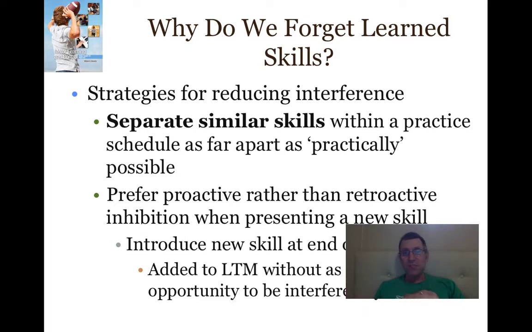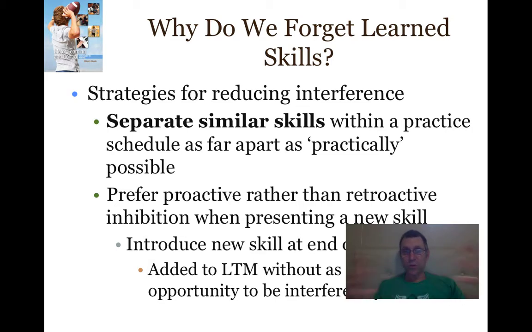So, strategies for reducing interference, something to consider. One of the things research has shown us is that if we can separate these similar skills, and within sports obviously there's a lot of similar skills practiced, right? If you're a soccer player, there's different ways of kicking the ball and trapping the ball and that kind of thing.